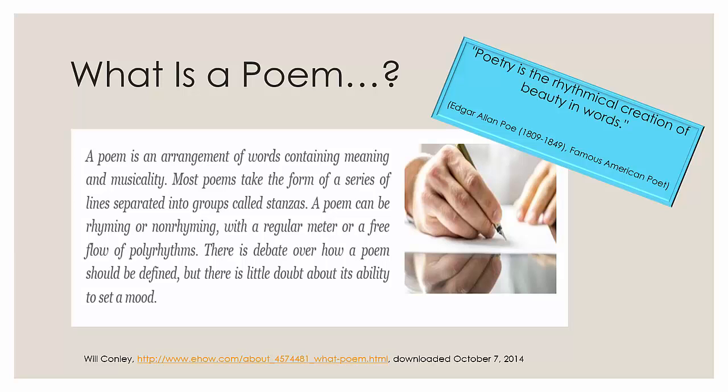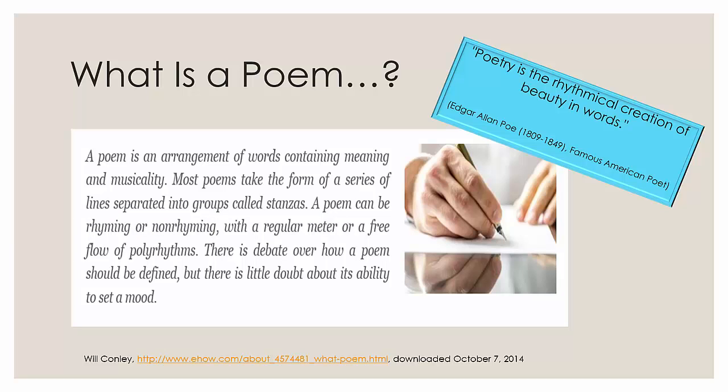Most poems take the form of a series of lines separated into groups called stanzas. A poem can be rhyming or non-rhyming, with a regular meter or a free flow of polyrhythms.